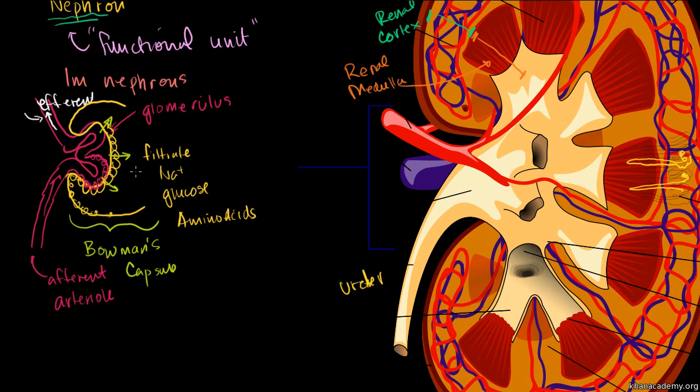The things that do not get filtered are things like red blood cells, or larger molecules, larger proteins. They will not get filtered. It's mainly the small molecules that get filtered, that will be part of this filtrate that shows up here in the Bowman's space. Now, the rest of what the nephron does, the Bowman's capsule is kind of the beginning of the nephron.